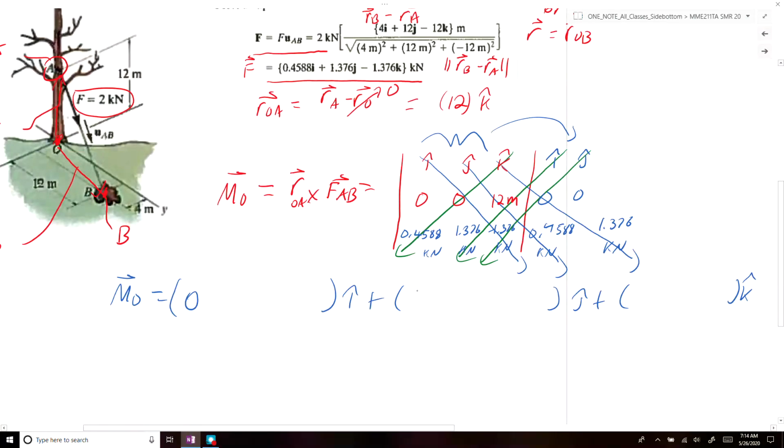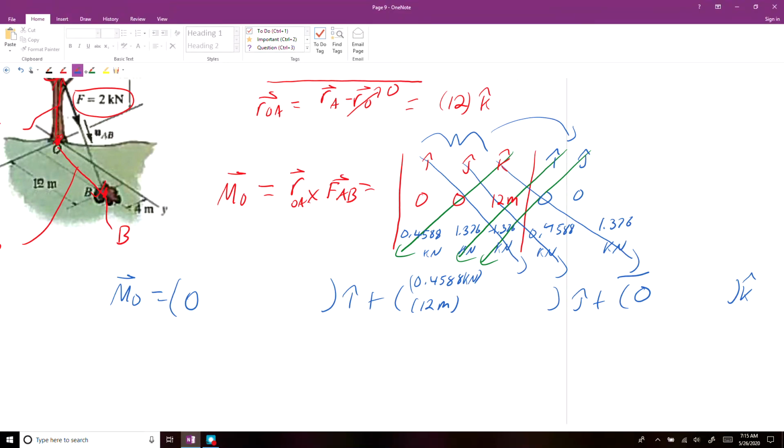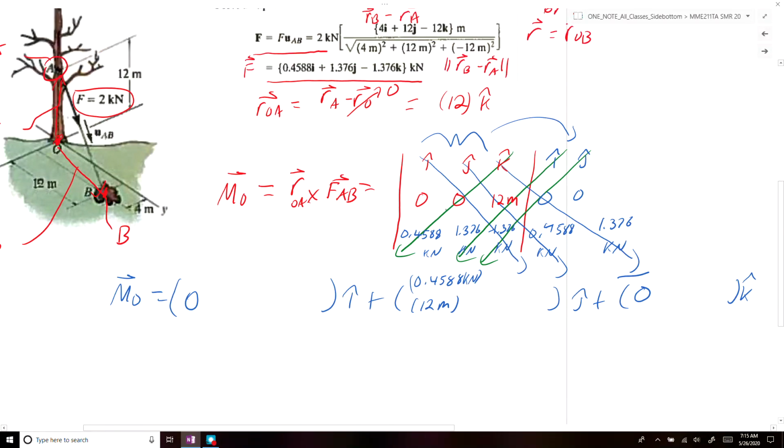So we would get 0.4588 kilonewtons times 12 meters. And then the last one we would get 0 times 1.376 kilonewtons, which is also 0. The next step is looking at the diagonals that go from the top right of our matrix to the bottom left. We start with the unit vector k times 0 times 0.4588 kilonewtons, so that's going to be 0.